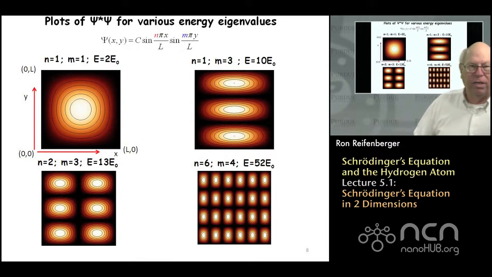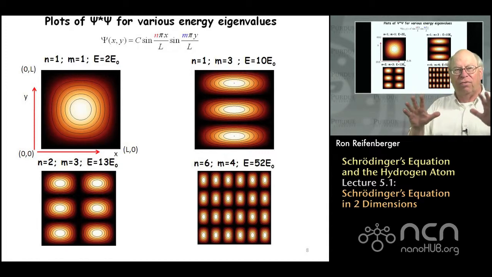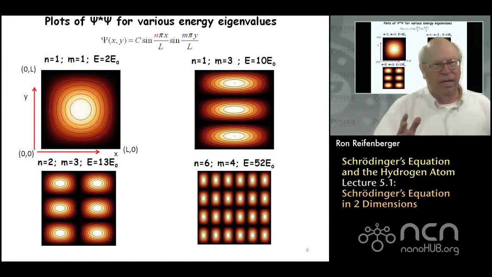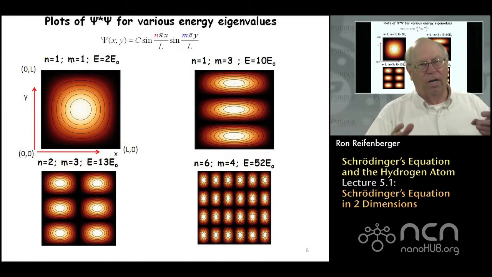It's kind of interesting to plot psi star psi for these different energy eigenvalues, to try to get a sense of what the quantum state looks like. As you recall, psi star psi is the probability density of finding a particle in a distance dx if the problem is one-dimensional.